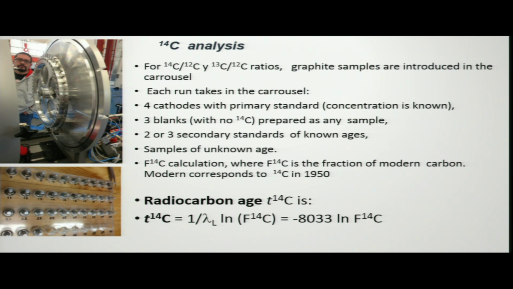Then the fraction of modern carbon is calculated, and the radiocarbon age is calculated from this equation that I show you at the bottom. Here you can see the carousel. 50 samples can be analyzed in a single measurement. And at the bottom, you can see the cathodes that are introduced in each carousel.